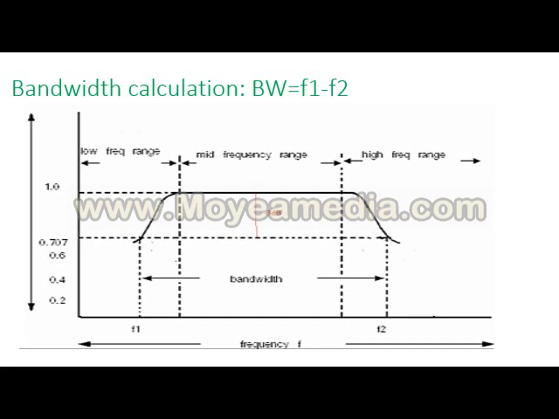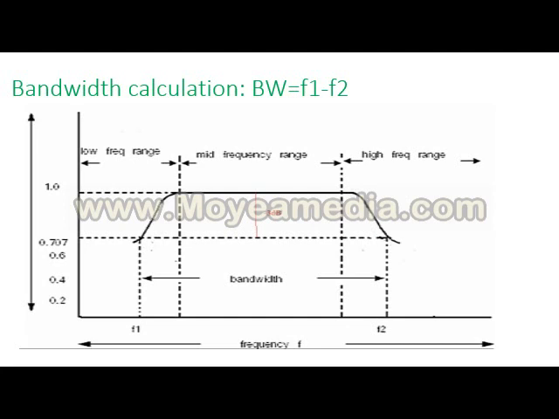In this graph, from the maximum value, we have taken 3 dB down. That's why it is indicated as minus 3 dB. So take 3 dB down from the maximum point and draw a dotted line like this.